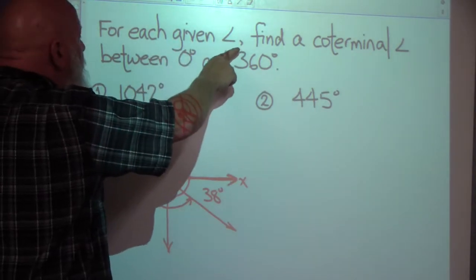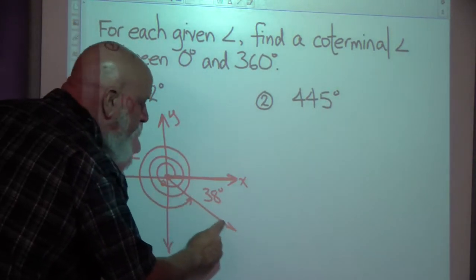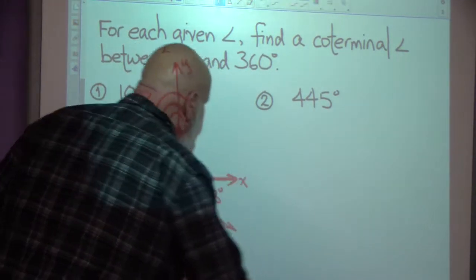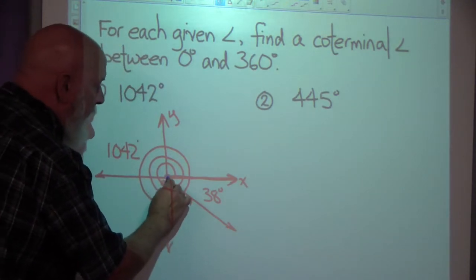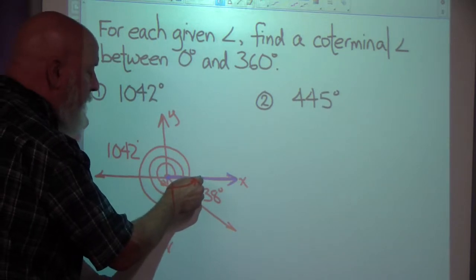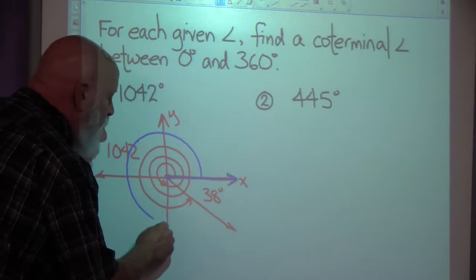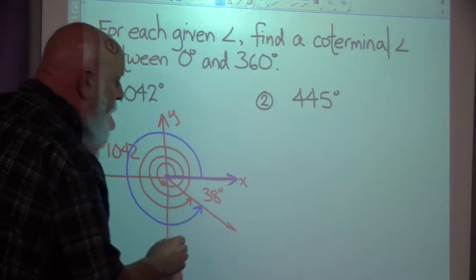Now I want to find a coterminal angle between 0 and 360 degrees that stops in the exact same place. So I'm looking for this angle. Again, the initial side is the positive x-axis, and I just want to rotate one time around in a positive direction, less than one time around, and stop right here.